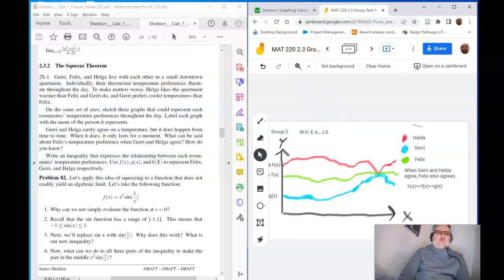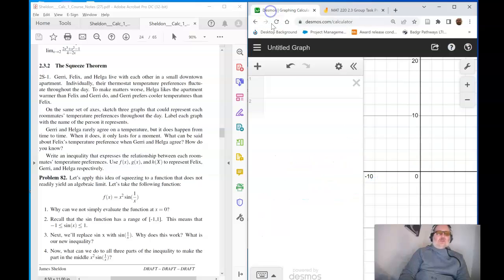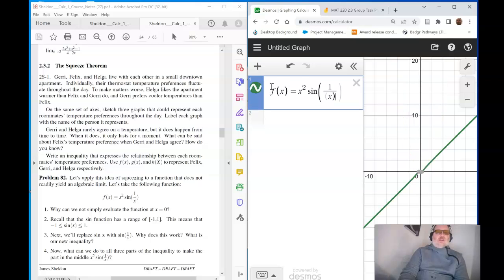So let's walk through this example here. We have the function f of x equals x squared sine 1 over x.